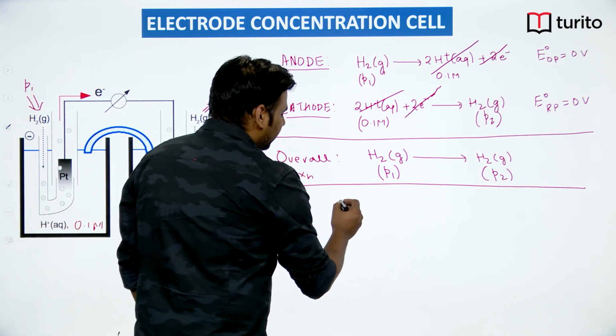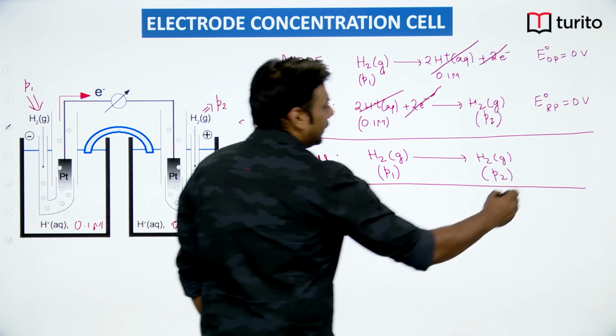So let us write the Nernst equation. E naught cell again would be 0.